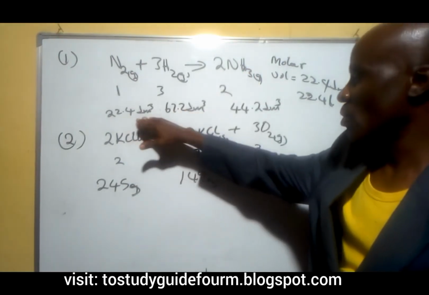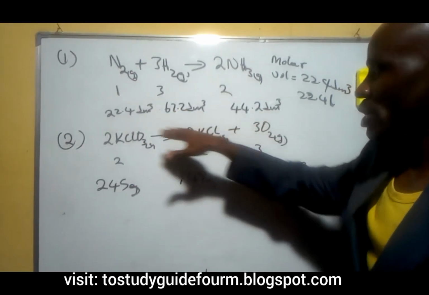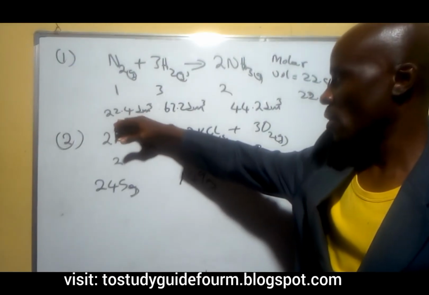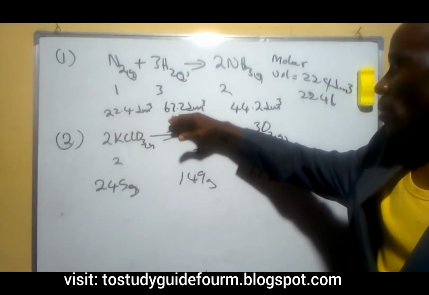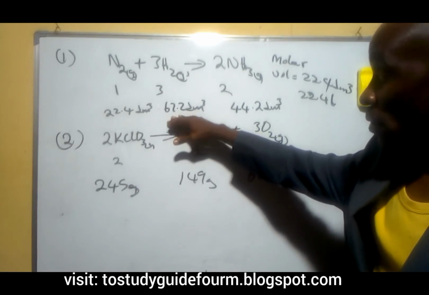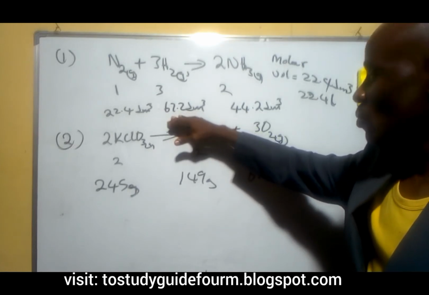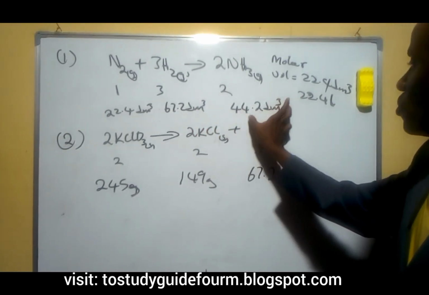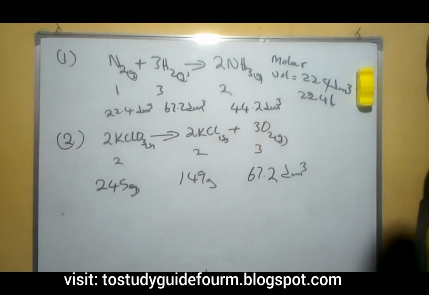So all these are in volumes, dm cube. That is 22.4 dm cube combined with 67.2 dm cube to produce 44.8 dm cube of ammonia.